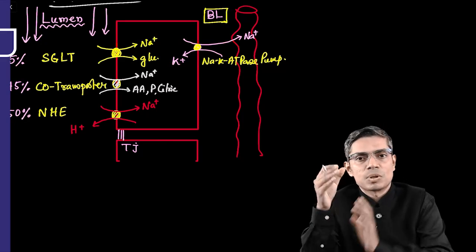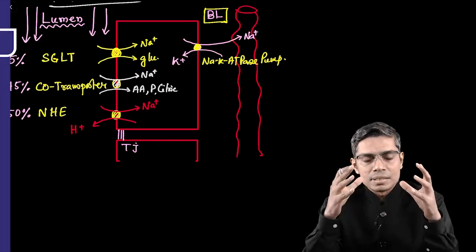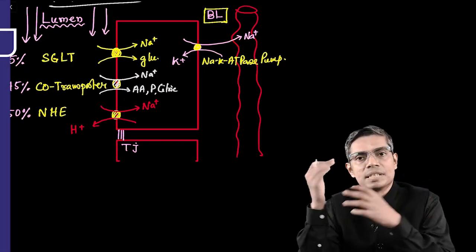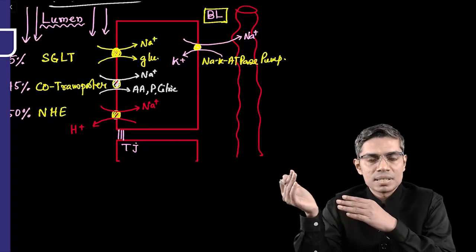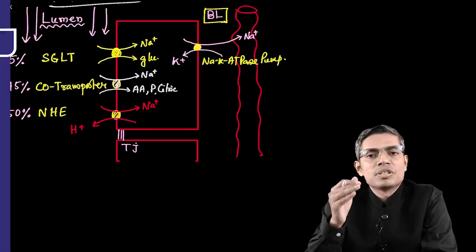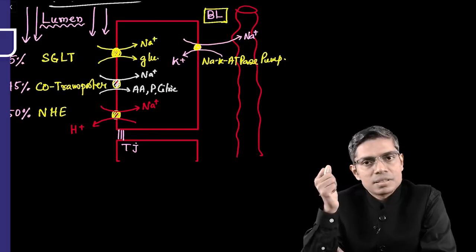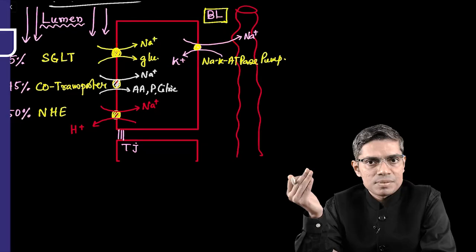That is the dominant transporter. Whatever sodium is entering the cell cytoplasm, all that sodium will be thrown out of the cell into the capillary blood by the sodium potassium ATPase pump, which is located on the basolateral membrane. So that is the maximum absorbing transport pump at the basolateral aspect.